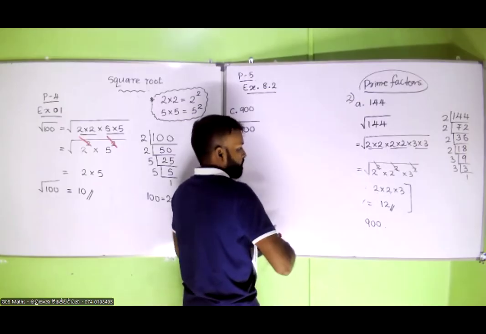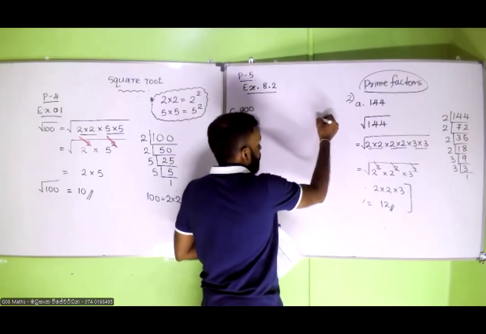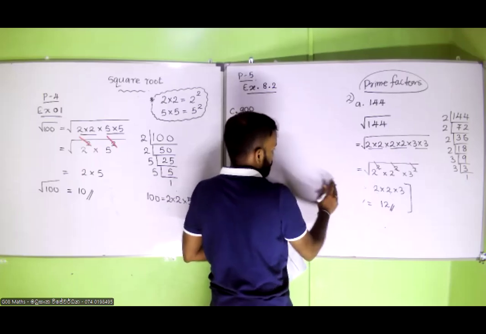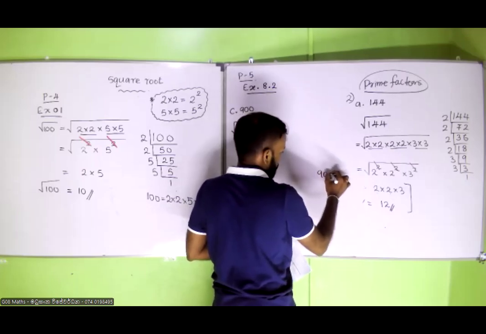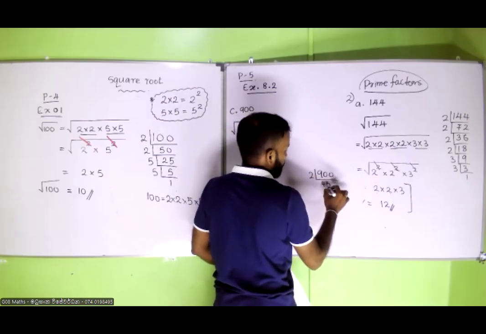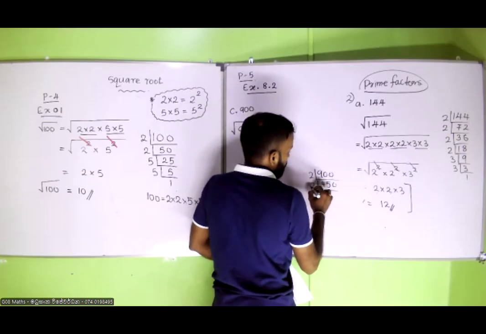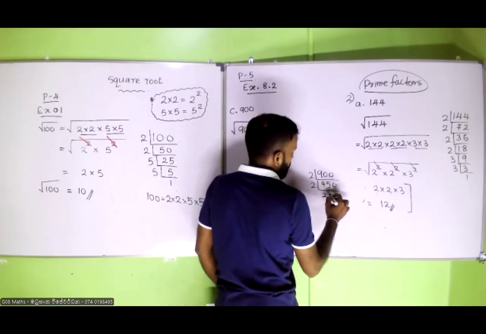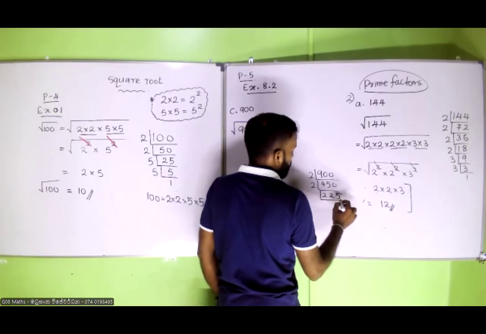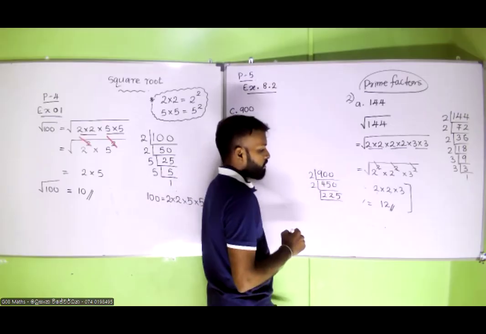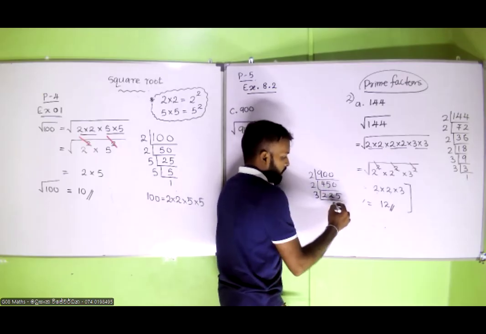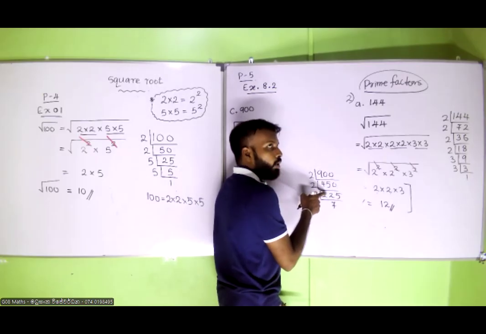So I am going to write 900 here. I'm going to divide it by 2 first. 450. 2 times 2, 2 times 2, 2 times 5. Now 225 is there. The next number you can divide by is 3. 3 times 7, 21.